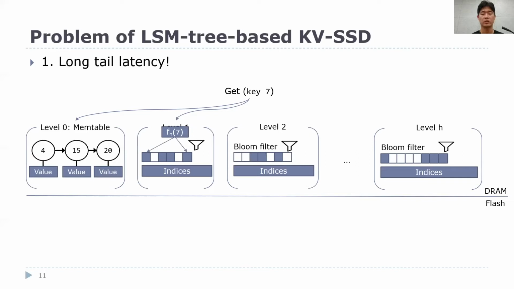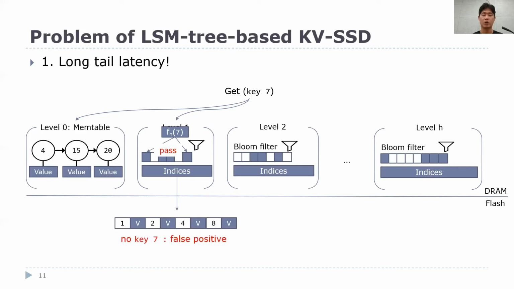Before searching the indices of level 1, the existence of the target key in the level is checked by the Bloom filter. If the key passes the membership checking, the flash is accessed to retrieve the value. However, even if the membership checking has been passed, the level may not contain the target key value when a false positive occurs.